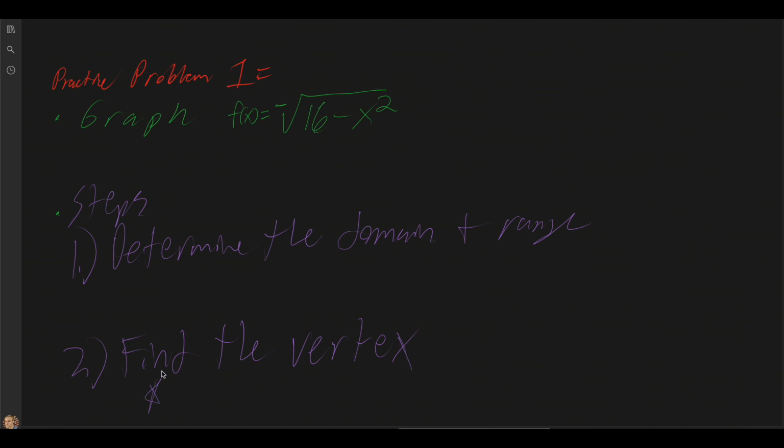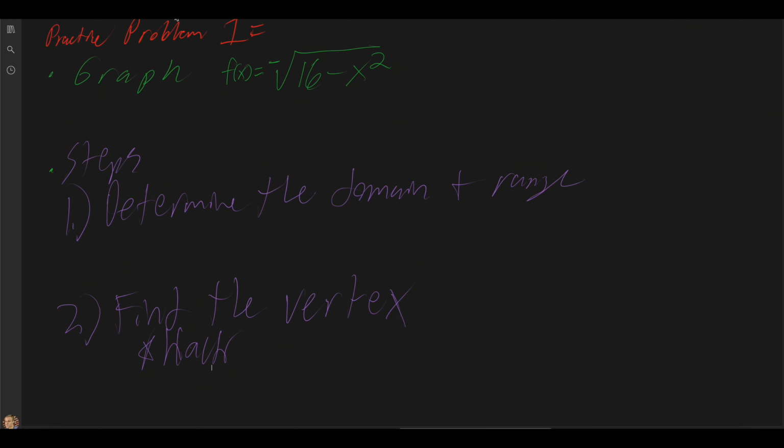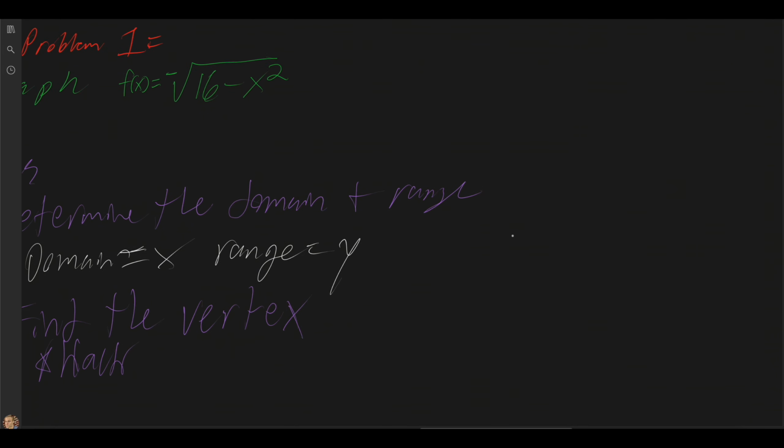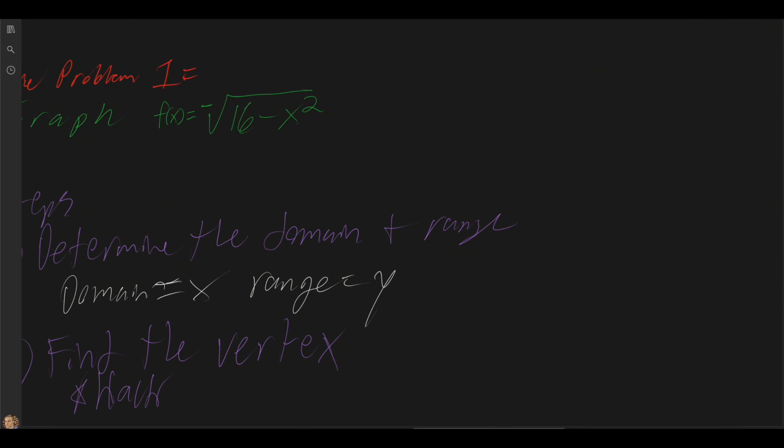Luckily, there's a bit of a hack to this, which I'll showcase soon. So we always know that the domain is going to be equal to x, and range is going to be referring to y. So for our first step, we can take out the negative as well as the square root, and we can just denote 16 minus x squared is greater than or equal to 0.